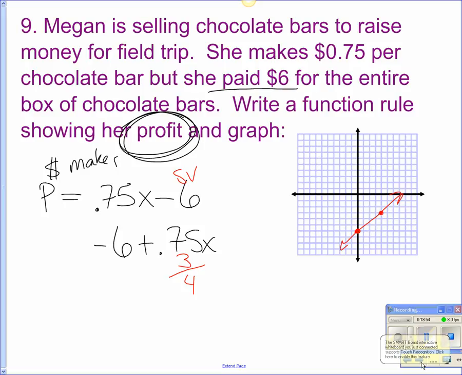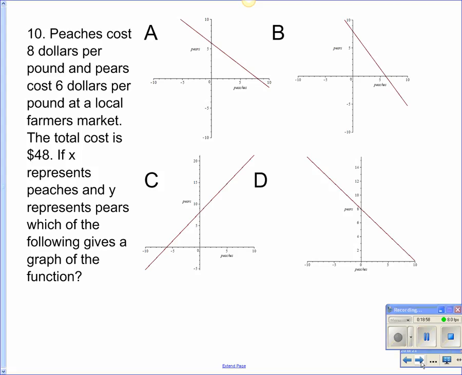All right, last one. Peaches cost $8 per pound, and pears cost $6 per pound at a local farmer's market. The total cost is $48. If X represents peaches and Y represents pears, which of the following gives a function of the graph? Okay, let's just start at the beginning because there's a lot going on here.